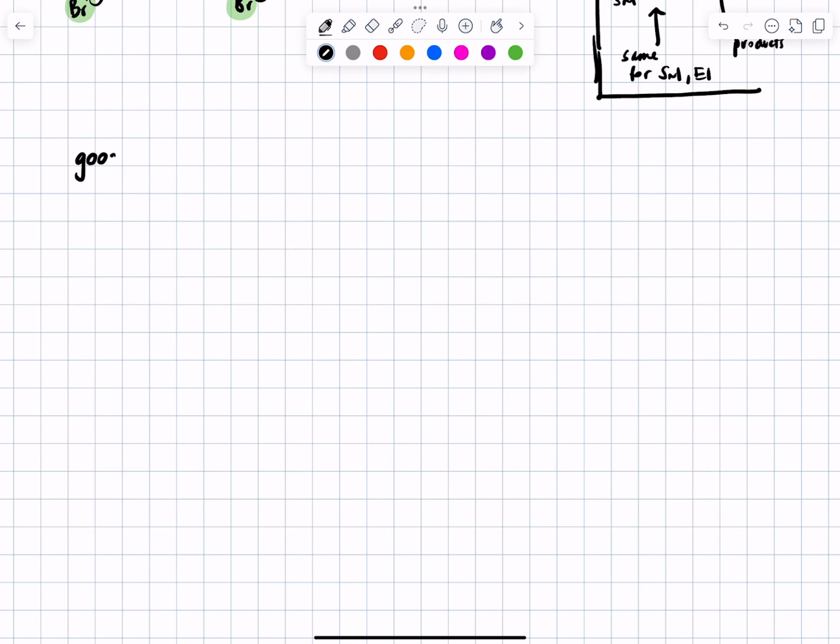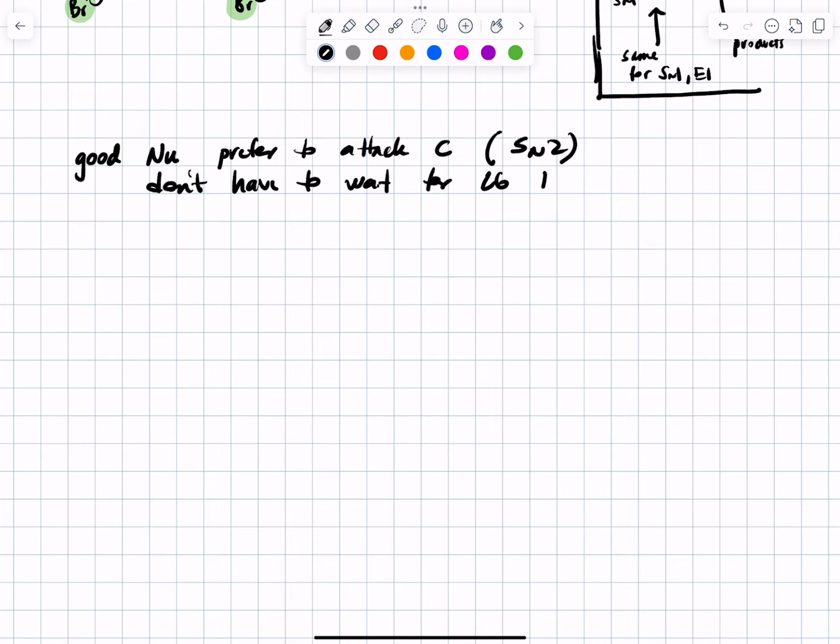So here are a few key principles. First, we've said before that good nucleophiles prefer to attack carbon, so they prefer substitution reactions, and good nucleophiles prefer not waiting for the leaving group to leave.